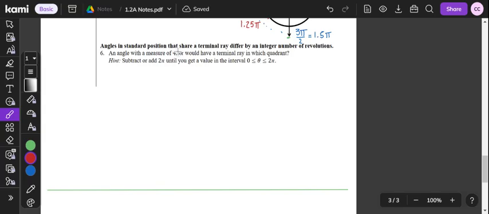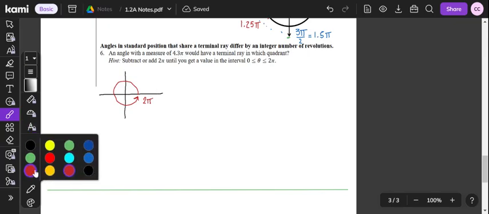So 4.3 pi, I want to know, where did I end up? Did I end up in quadrant 1, 2, 3, or 4? So we can think about this visually. If we think about a circle, I know if I go all the way around one full turn, that's 2 pi. 2 pi is not anywhere near 4.3 pi.